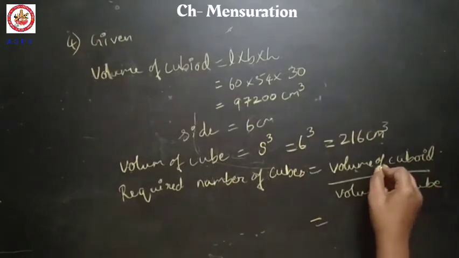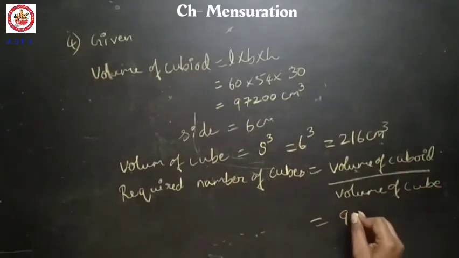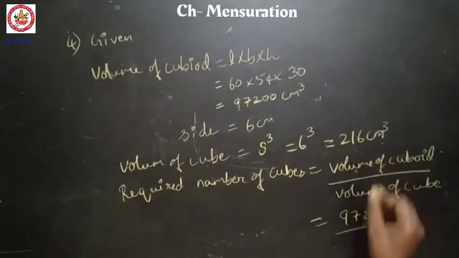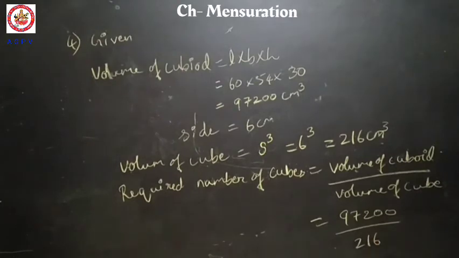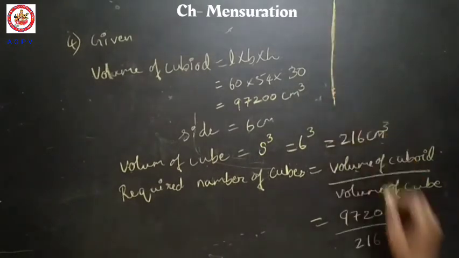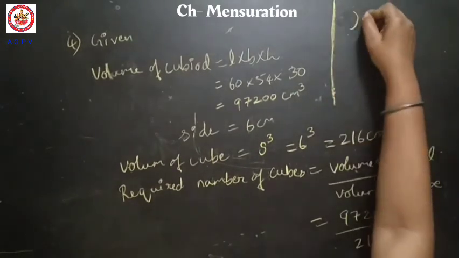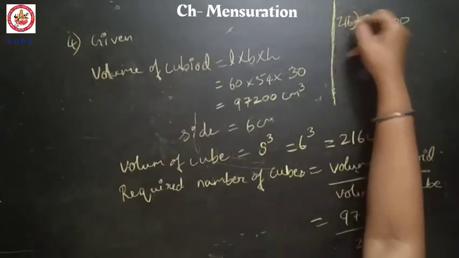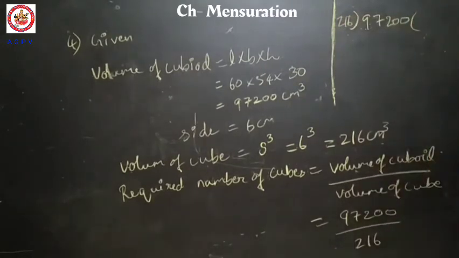What we got as the volume of a cube is 216, so 97,200 divided by 216. Let us divide this one. I am going to divide over here. So 97,200 is divided by 216.